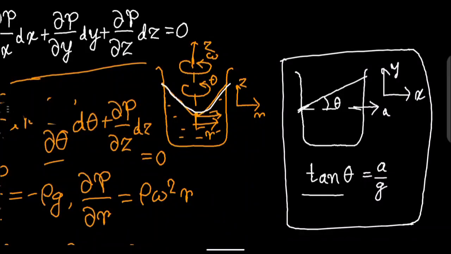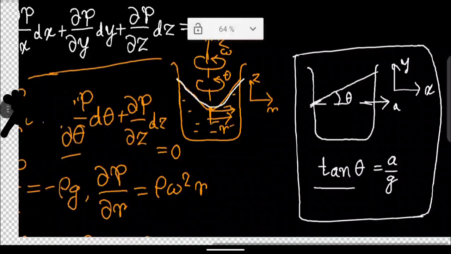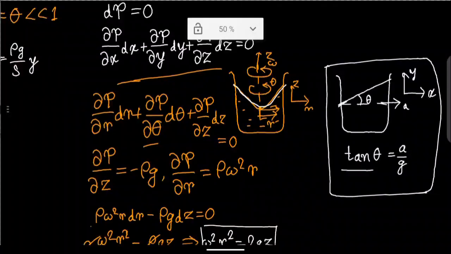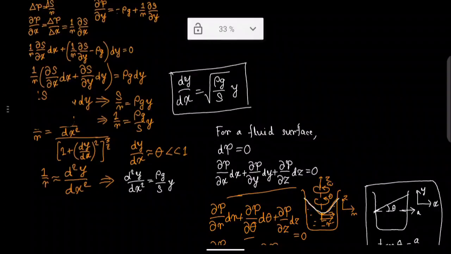You just have to remember one thing, that at this surface the variation of pressure is zero, considering all the directions. So you have to consider del P del X, del P del Y, and del P del Z, all the three directions, and some term of it will be zero, and the other two you will have to compute like I computed in this problem and the previous one also.